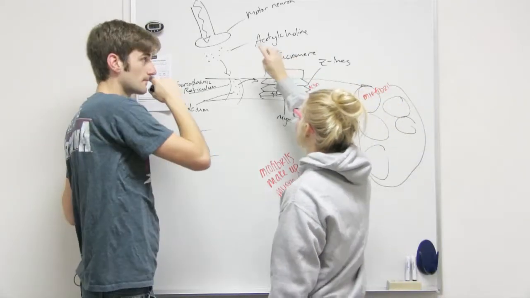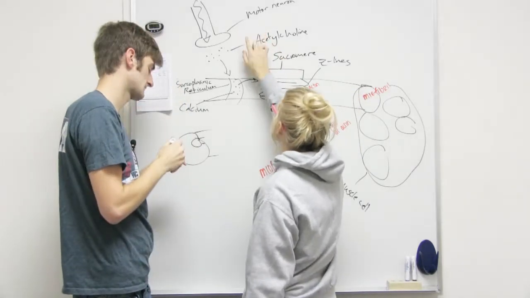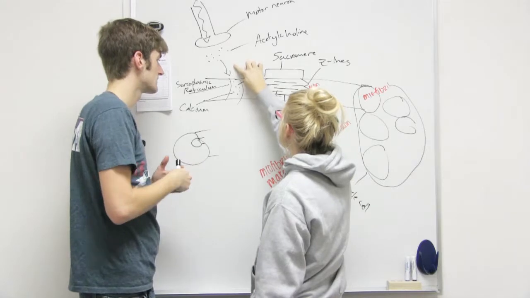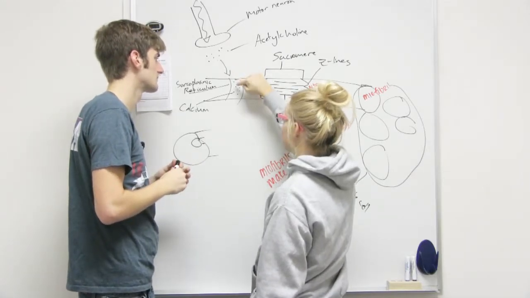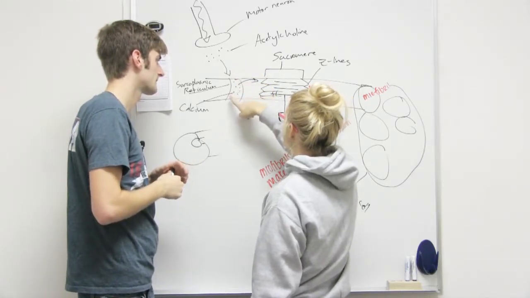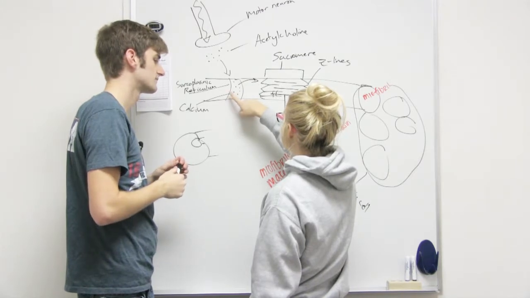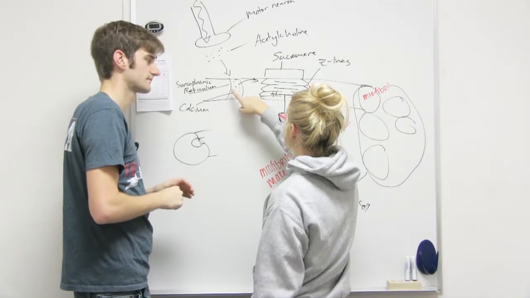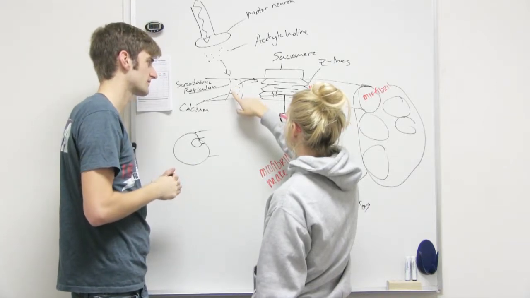Okay, so the motor neuron sends out acetylcholine, and that goes here into the sarcoplasmic reticulum and tells the calcium to release.